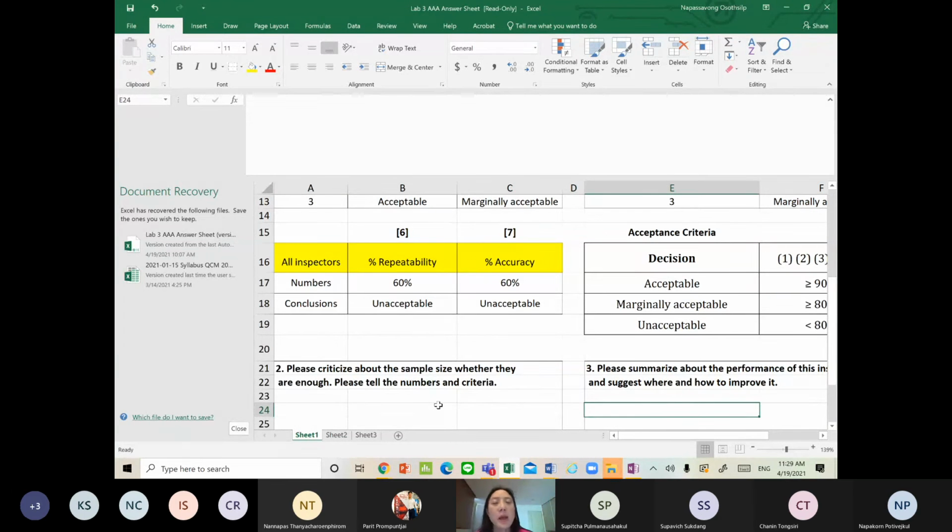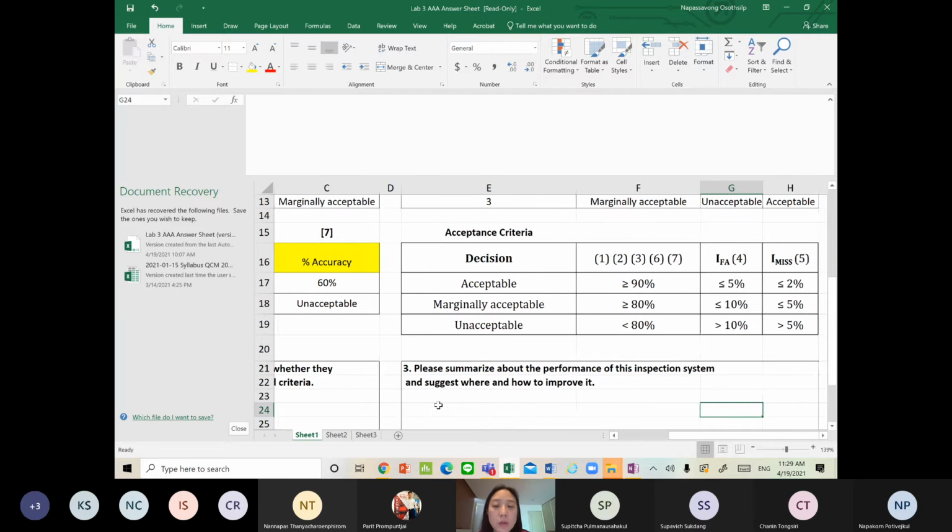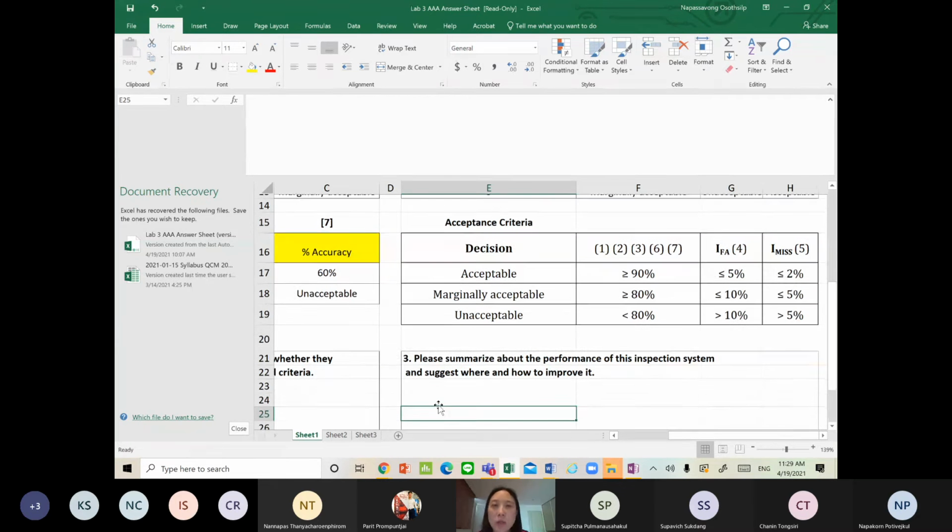But I also expect you, for example, in your team, you have 2 or 3 people, right? After you get your answer, you can pool your answers and discuss with your friends, and then you can add interesting points from your group members. For each one of you, you may not think about that completely, but you can share your ideas among the team, summarize, and get the best from your team, and then answer question number 3.